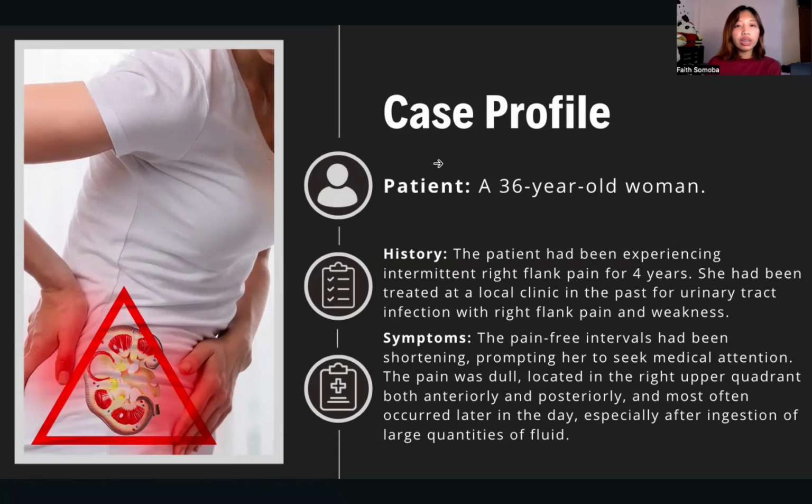The pain was described as dull, located in the right upper quadrant both anteriorly and posteriorly, and often occurred later in the day, especially after consuming large quantities of fluid. She had been treated at a local clinic in the past for urinary tract infection, experiencing right flank pain and weakness during those times.